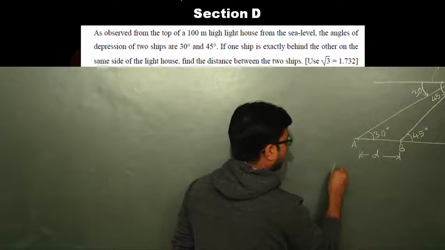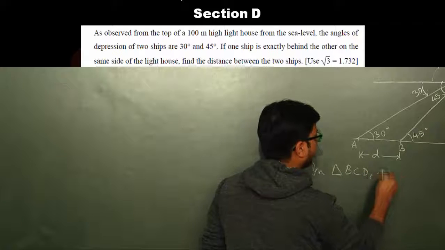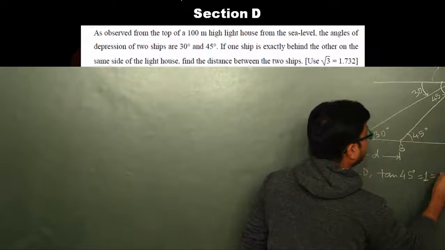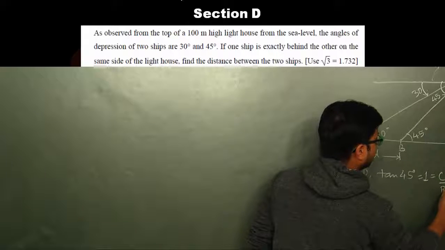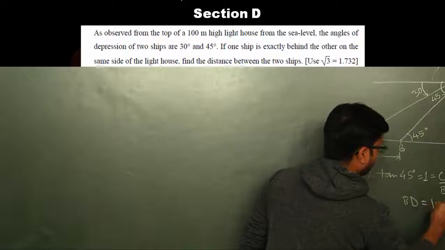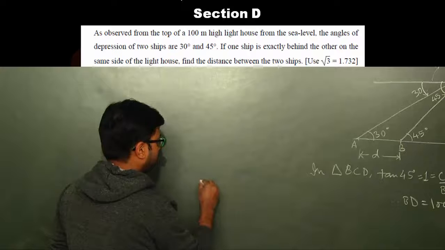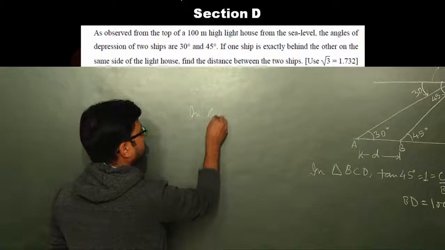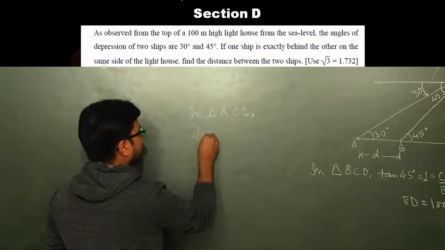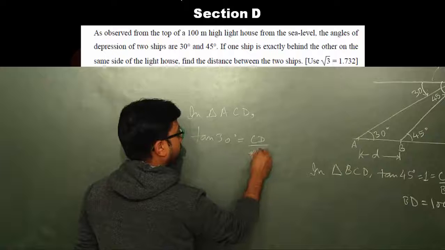Now from triangle BCD, we have tan 45, which is 1, is equal to CD by BD. Therefore, BD is equal to 100 meters because CD is 100 meters. Now in triangle ACD, tan 30 is equal to CD by AD.